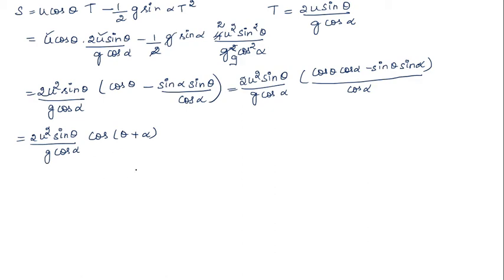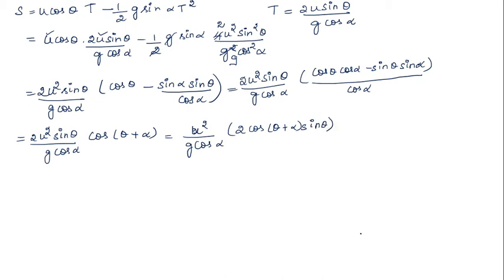Next I'm going to combine these two together, that is u squared and g cos alpha, and 2 cos of theta plus alpha into sin theta.